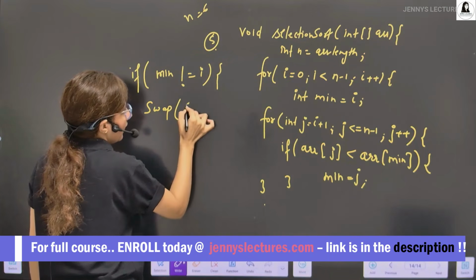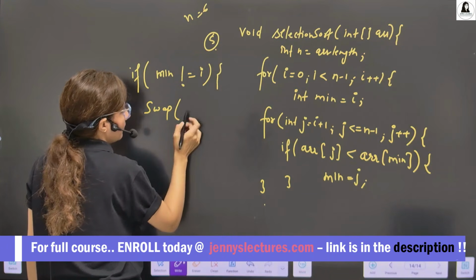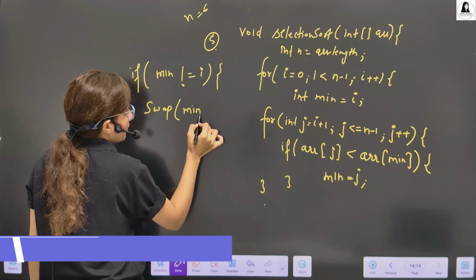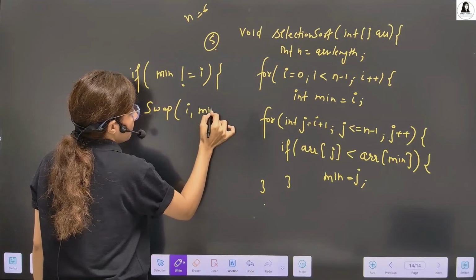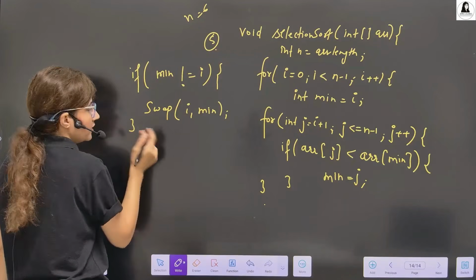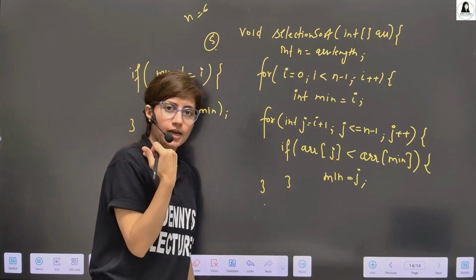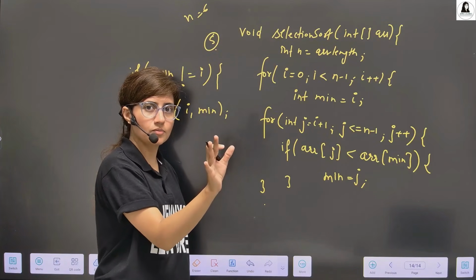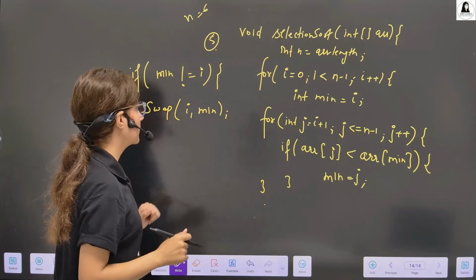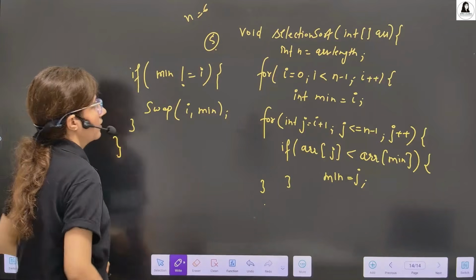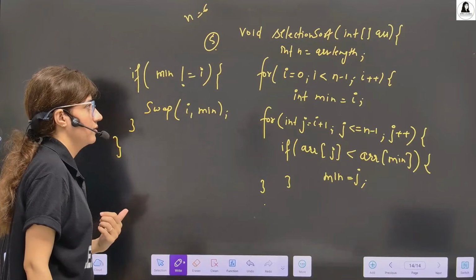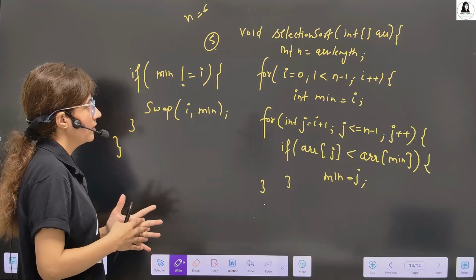We swap i with min, because i is still the first index, with whatever minimum you get right now. Now we just close the outer loop as well. That is selection sort.